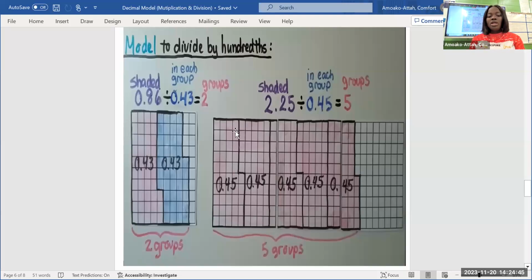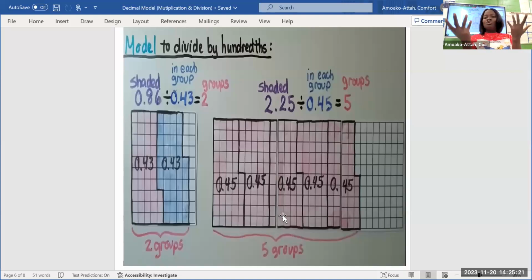So you shade them in groups of 45 hundredths. This is 1, 2, 3, 4, then 5. This is 45 hundredths, this is 45 hundredths, 2 groups. This is another 45 hundredths, 3 groups, 4 groups, and 5 groups. So this gives you your number of groups. This in all gives us 5 groups of 45 hundredths that can be obtained from 2 whole and 25 hundredths.